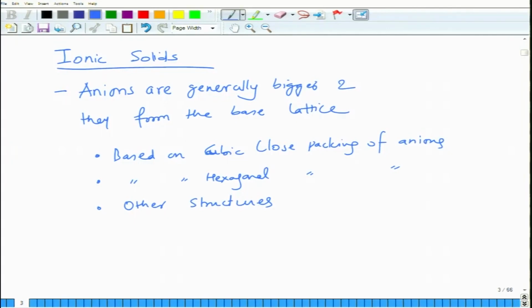Okay. We will first look at the structures which are based on cubic close packing of anions. The anions make a lattice which is cubic close packed or FCC in nature, and cations go and occupy the interstices in them.